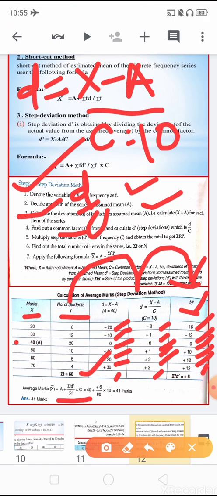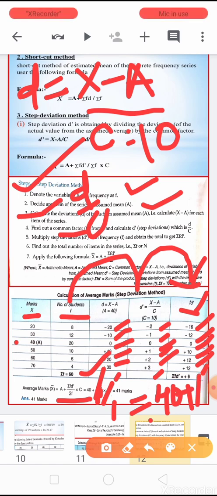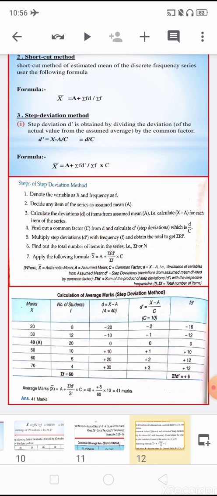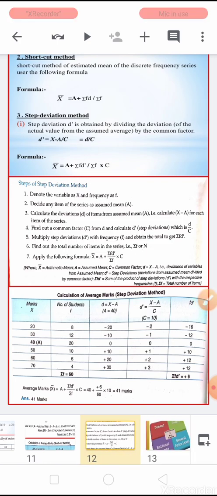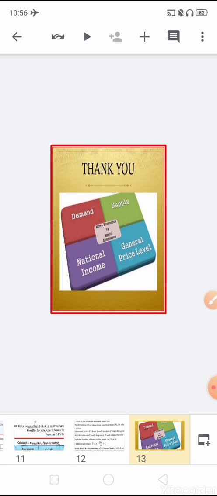So 40 plus 6 divided by 60, into 10. Now 10 divided with this 60, and 6 divided by this, and we get 1 in the numerator. So the average is 40, that is the assumed mean, plus 1. So it is 41. This is the average marks of the students obtained by the step deviation method.